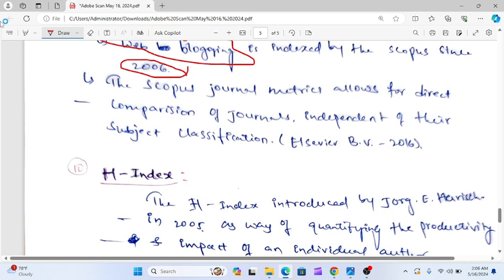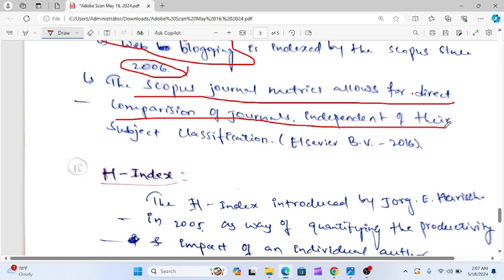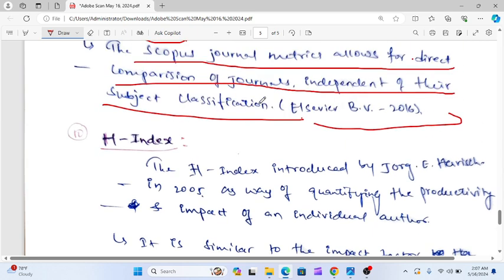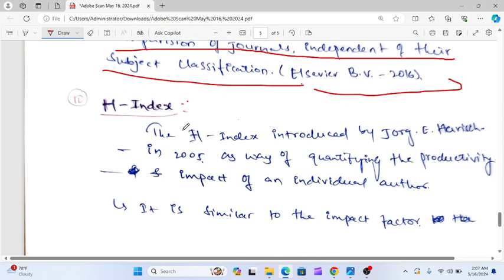The Scopus journal metrics allow direct comparison of journals independent of their subject classification, from Elsevier BV from 2016. Scopus is a measure for web blogging.